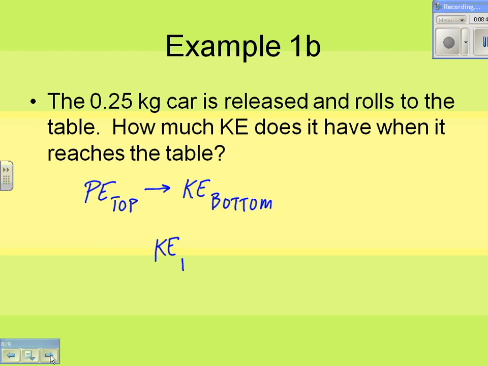So the kinetic energy at the bottom of the ramp will be the same amount of energy that it had in potential at the top, namely 2.45 joules. We don't have to do any calculation on this. We just have to recognize and apply the law of conservation of energy.